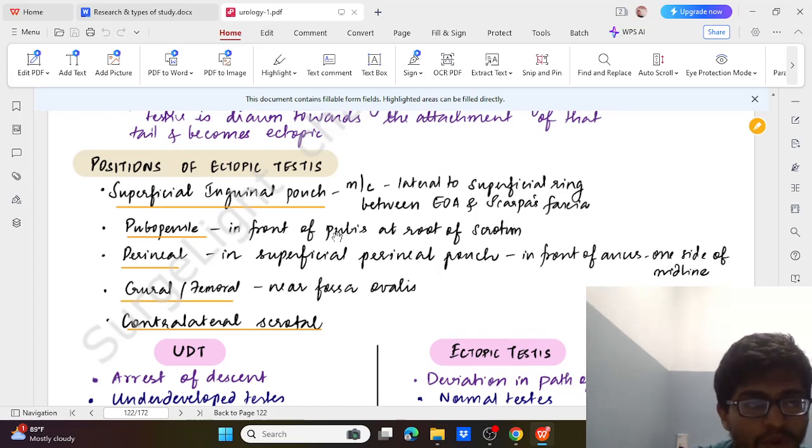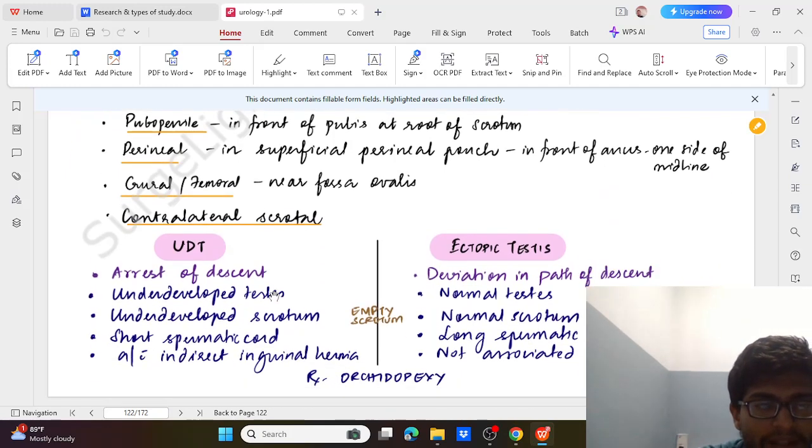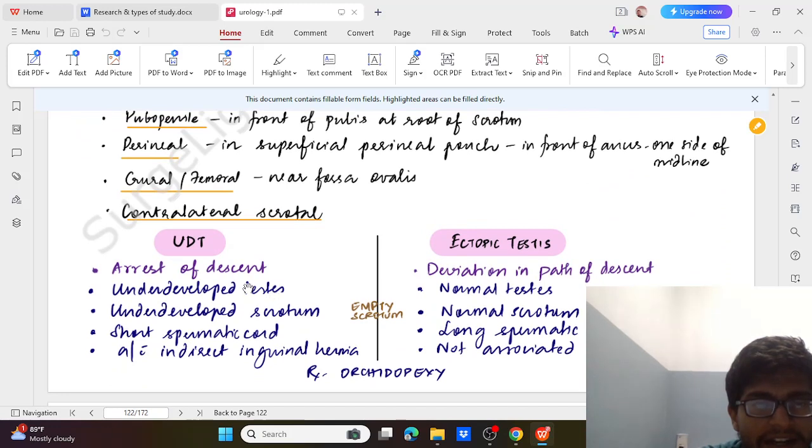It could be pubopenile, in front of the pubis at the root of the scrotum, perineal, in the superficial perineal pouch in front of the anus on one side of the midline, or femoral, near the fossa ovalis, or contralateral scrotum.